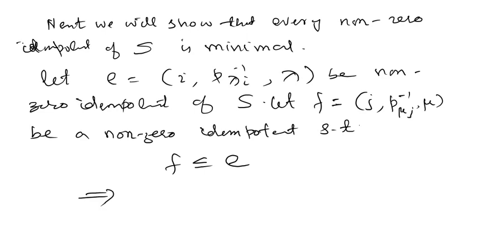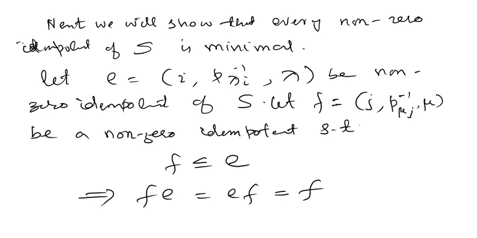Then by definition this means that F is equal to E F, it's F or E. Suppose this thing is equal to F. That's the definition of relation.